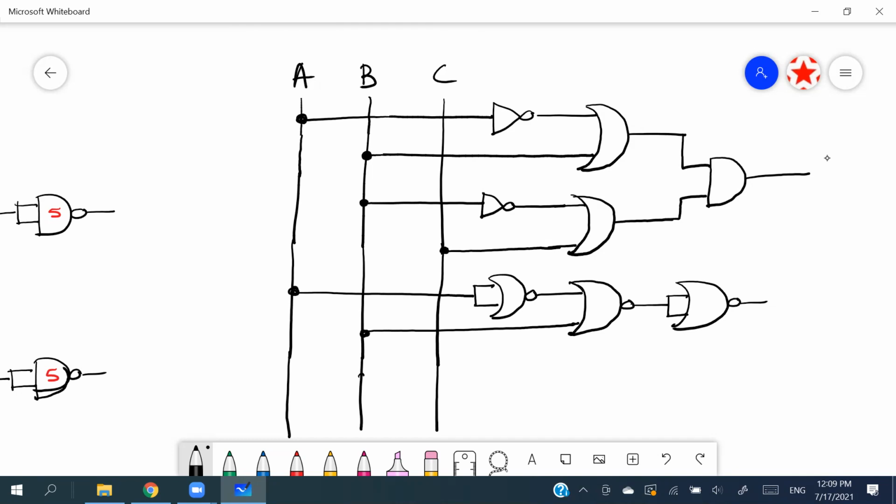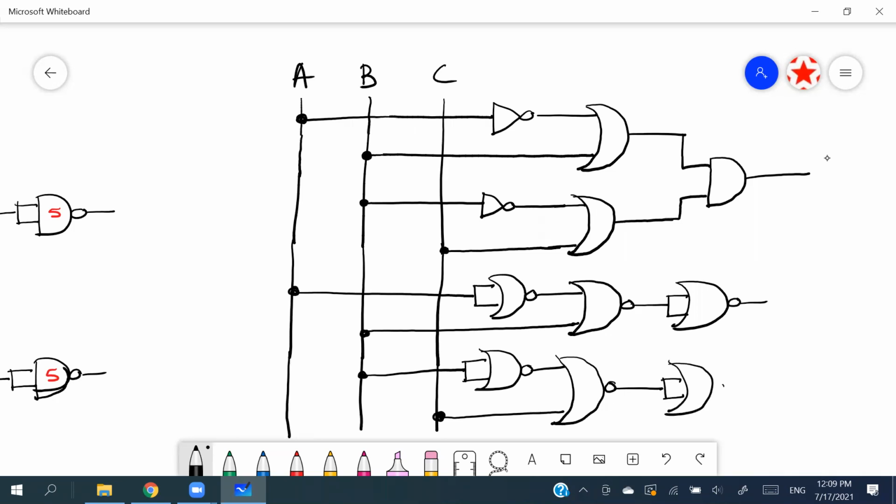And this is how B bar is created. And this is how B bar plus C is going to be created. And then we are going to create the AND gate.